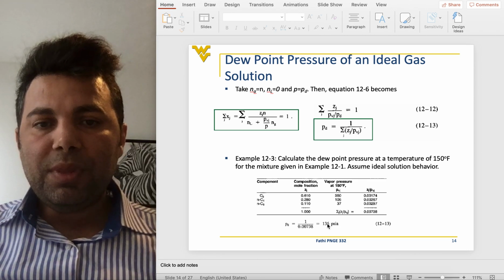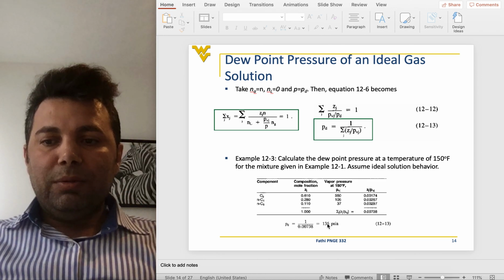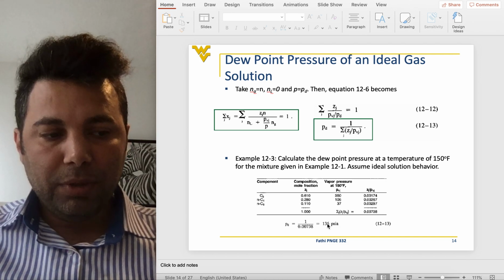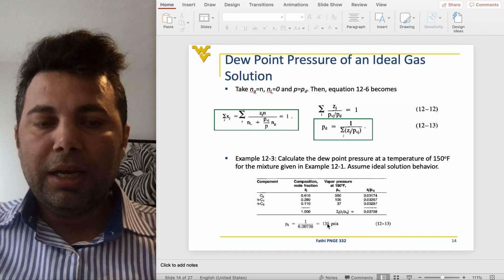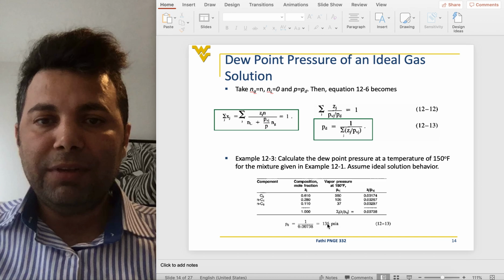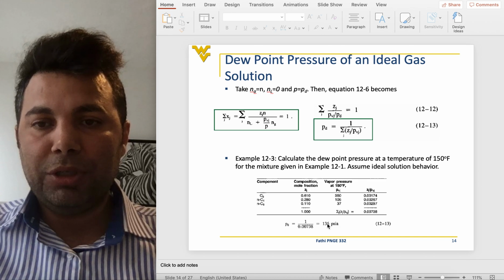So now that we understand this, we want to see how we can calculate these for the real solution. For the real solution, the problem is we need to have a good initial guess for the bubble point pressure and dew point pressure calculation.